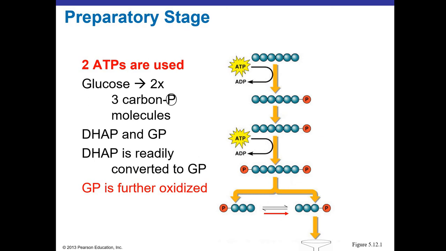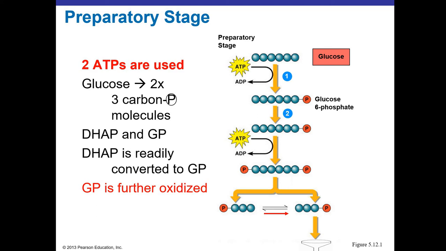So in glycolysis, we actually have to spend or put in some ATP to get things started. That is referred to as the preparatory stage. We see in the preparatory stage that glucose is first going to be phosphorylated, and we end up making what's referred to as glucose 6-phosphate.